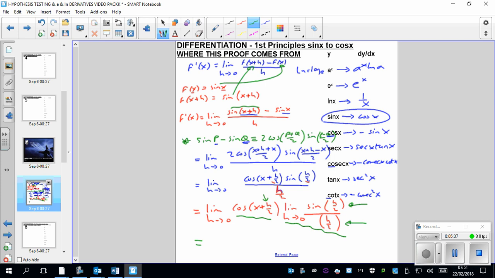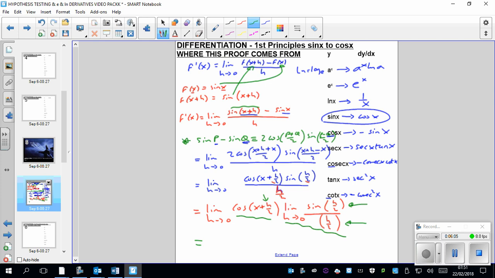And, you know, it's hard to understand why that is. Because what we're really trying to do is to see whether sine h over 2, as h tends to 0, remember from the left or the right hand side, tends to 0, which one goes to 0 first? Or maybe they go towards 0 at the same time, and therefore you're dividing one thing by the same thing.